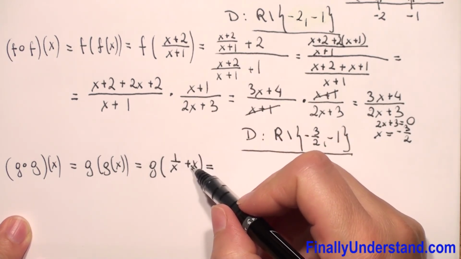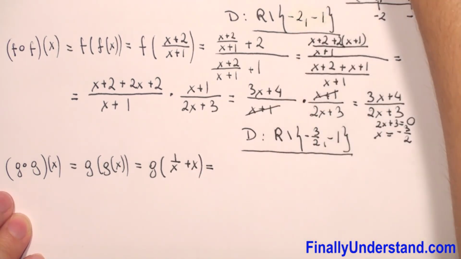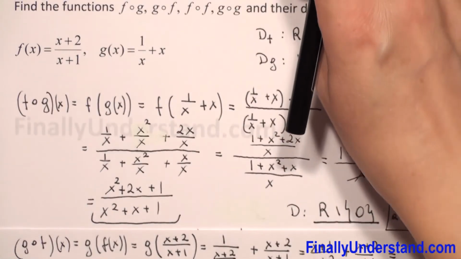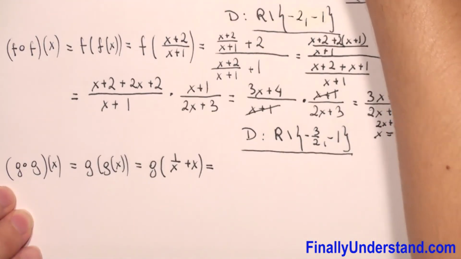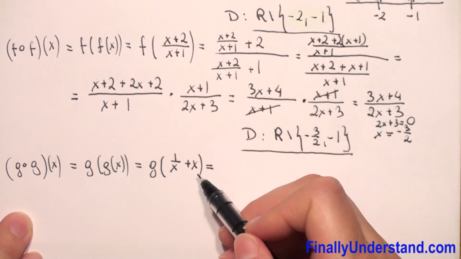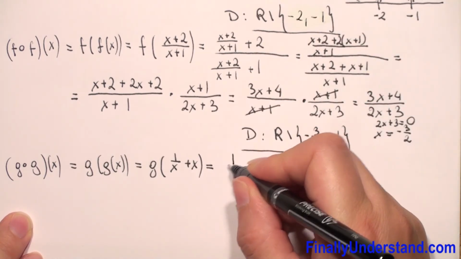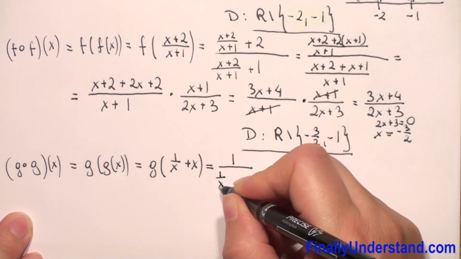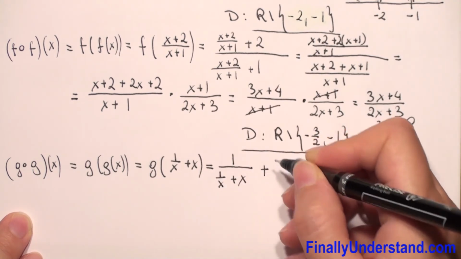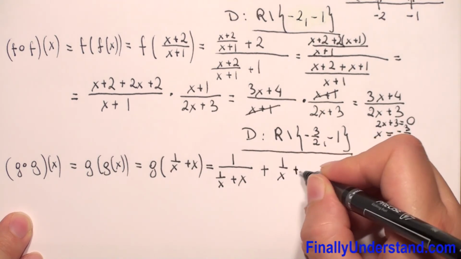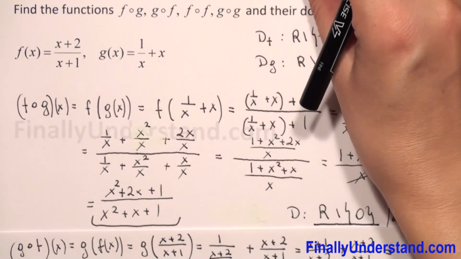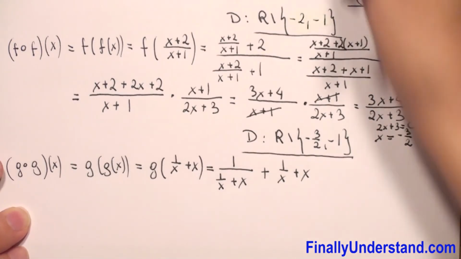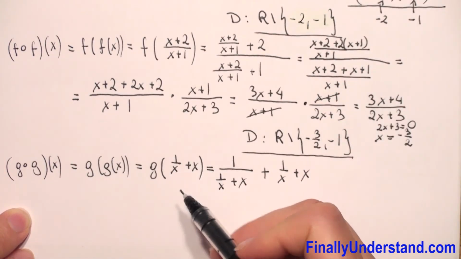It means in the formula of our g function, one more time, we have 1 over x plus x. These x's we have to replace by 1 over x plus x. So it will be 1 over x plus x plus 1 over x plus x. Again, I just replace these x's by whatever I have here in this parenthesis.